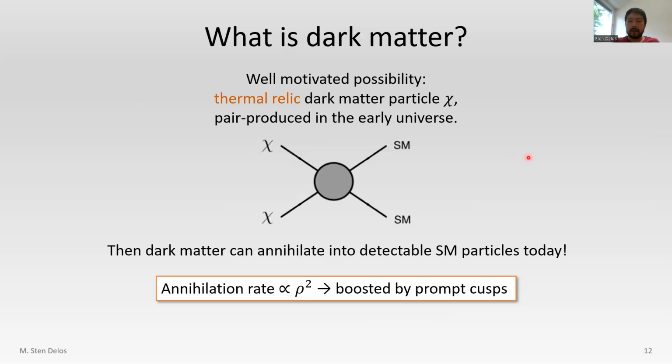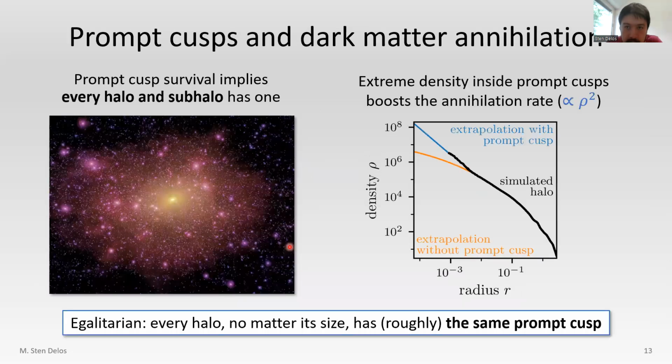And what can happen then is that the dark matter can be pair-produced, going in this direction, from standard model to dark matter, in the hot early universe. So that's the production mechanism, but that also implies that today the dark matter can annihilate into standard model particles, which we could detect. And moreover, that annihilation rate is proportional to the squared density, which means it's boosted by any kind of inhomogeneity, and in particular, it's going to be boosted by the high density inside prompt cusps.